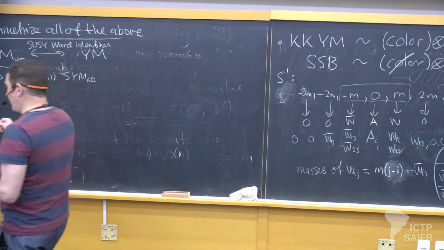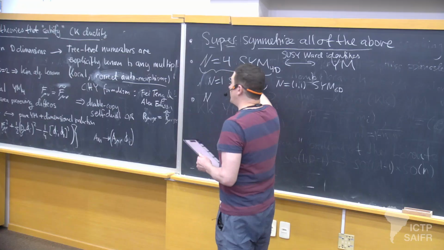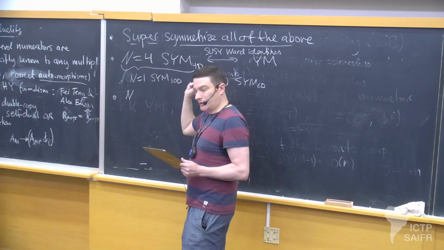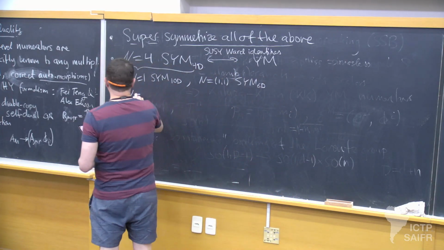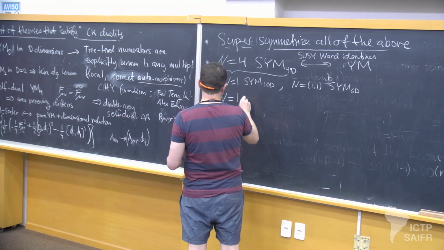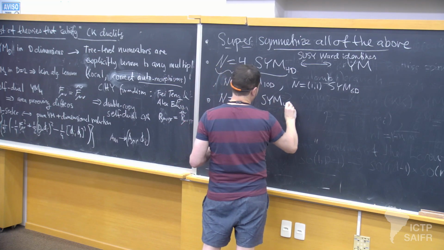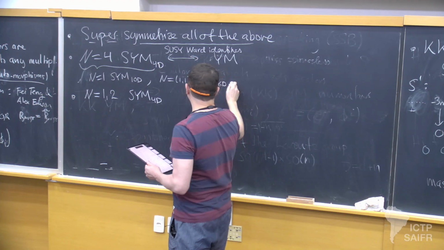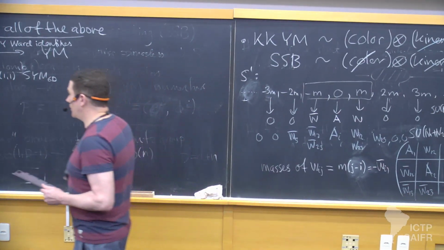But if we stay in 4D, then we can actually truncate the supersymmetry of this theory. That's also a consistent truncation. So you can truncate it to N=2 and N=1 super Yang-Mills in 4D, and you can also truncate to N=0, but let me not talk about that.